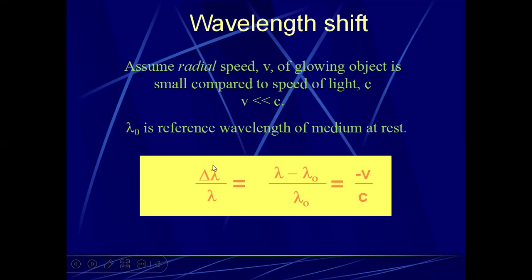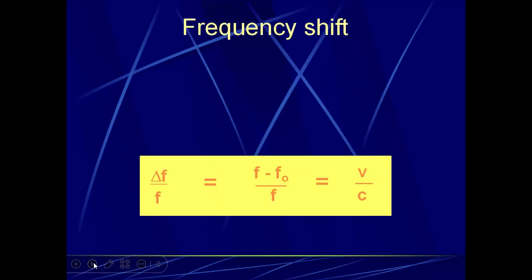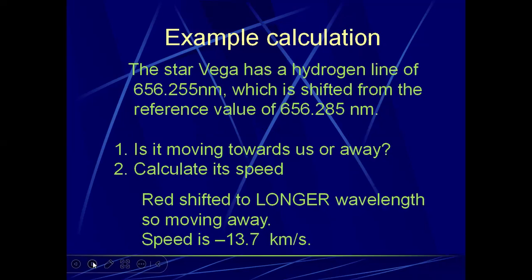The change in wavelength divided by the original wavelength equals lambda minus lambda naught divided by lambda naught equals minus v by c. So the frequency shift will be like this: change in frequency divided by original frequency equals f minus f naught divided by f equals v by c.